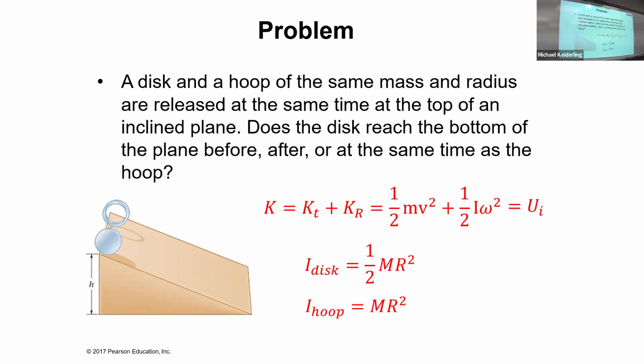Because of this, I for the disk will be smaller than I for the hoop. So more energy will go into translational kinetic energy than rotational, and thus the disk will roll faster. It will have a higher velocity than the hoop.